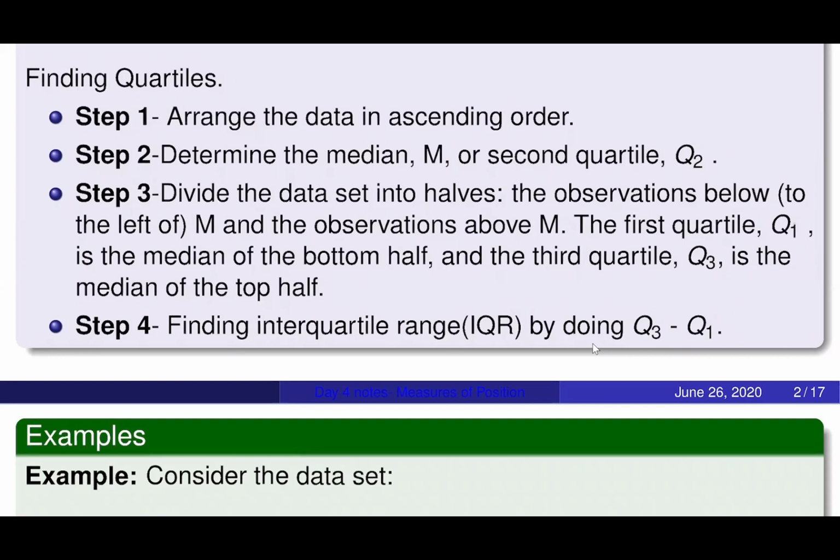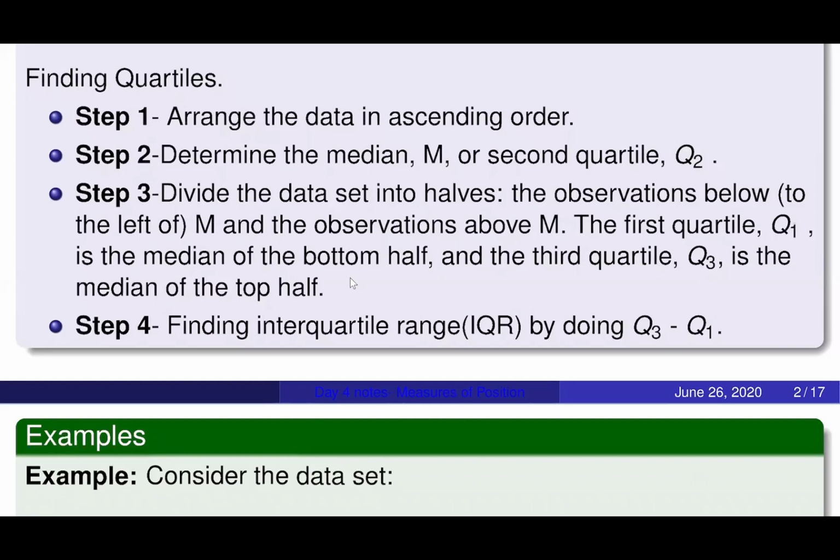Step 3 says divide the data set into half: the observations below, to the left of M, and the observations above M. So the first quartile is the median of the bottom half, and the third quartile, quartile 3, is the median of the top half.